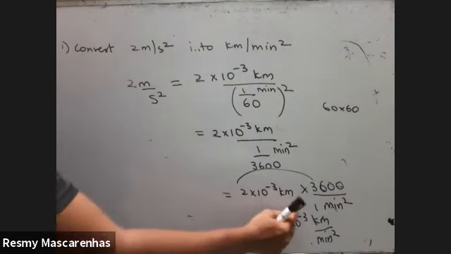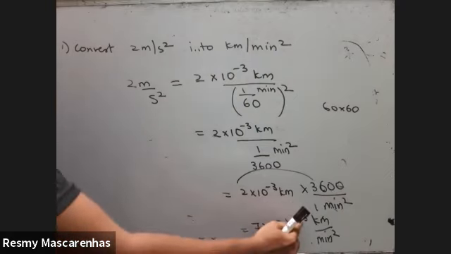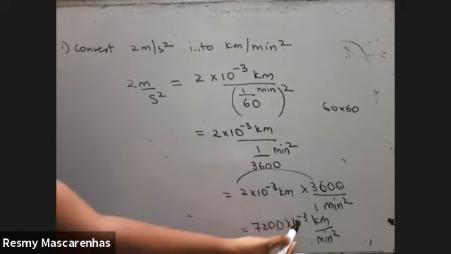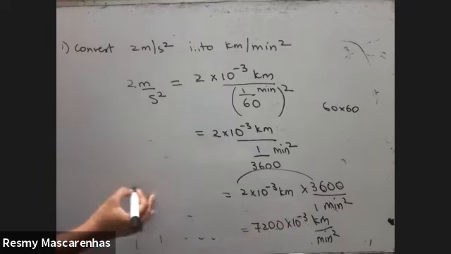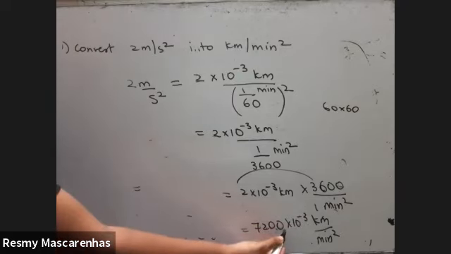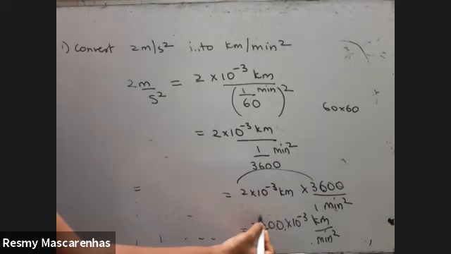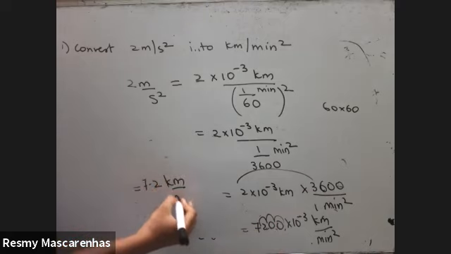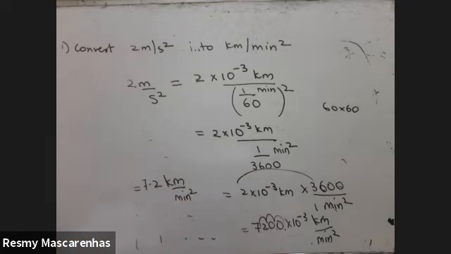You cannot add zeros. Plus means you have to add zeros. Minus means you have to reduce the zeros. You can shift this by 3 decimal points. 1, 2, 3, we will get it as 7.2. That is the answer.